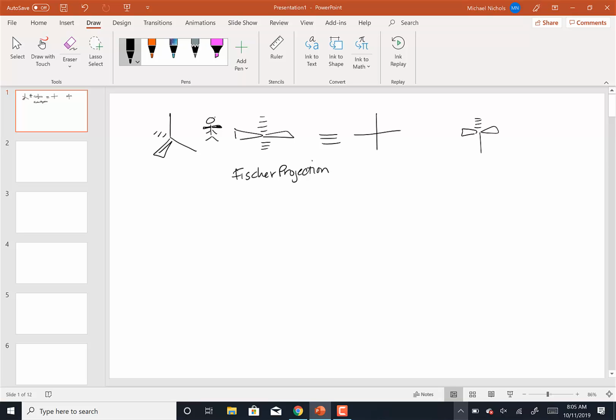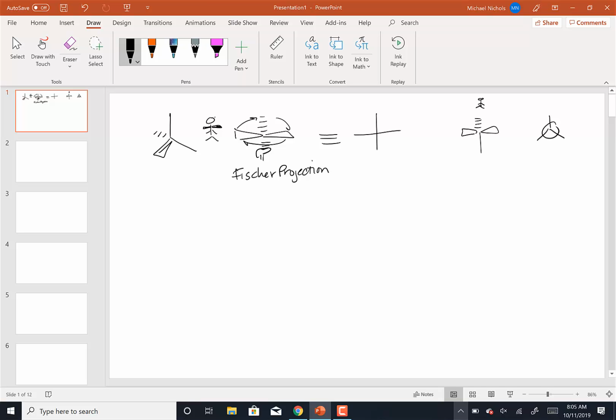So if you're up here looking down on that, you would basically see the one carbon of the Newman projection, or the Newman structures. So Fischer projections are very similar to Newmans in the fact that we could grab, for instance, that position, and we could rotate those three bonds around.